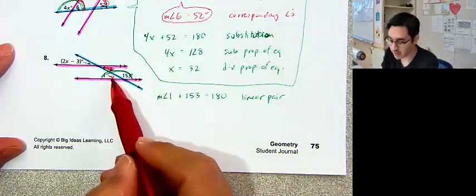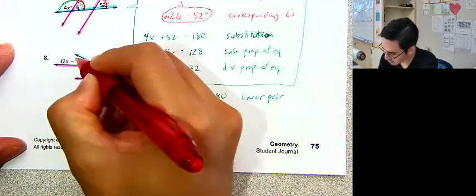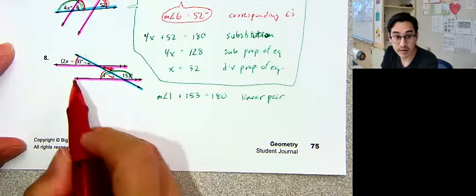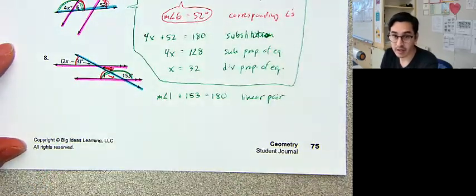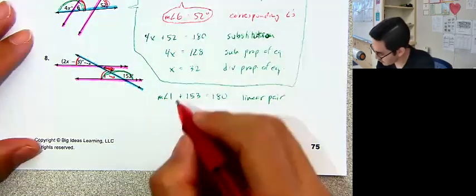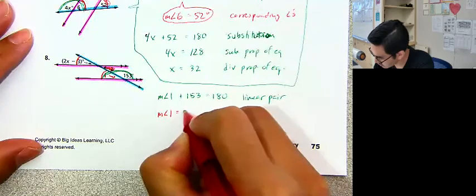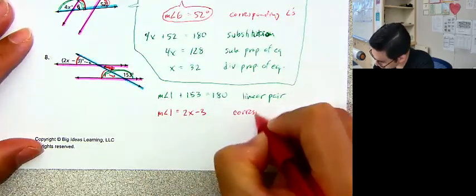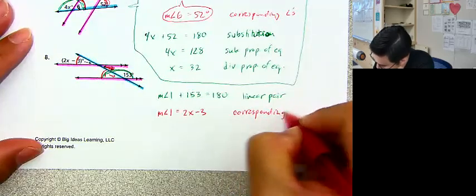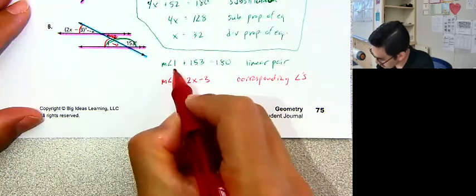But remember, angle 1 was an acute angle. And then this 2x plus 3 degrees, that's also an acute angle. And those 2 angles are in corresponding positions. So they're going to be congruent to each other. So we could write that measure of angle 1 is going to equal 2x minus 3, because of corresponding angles.